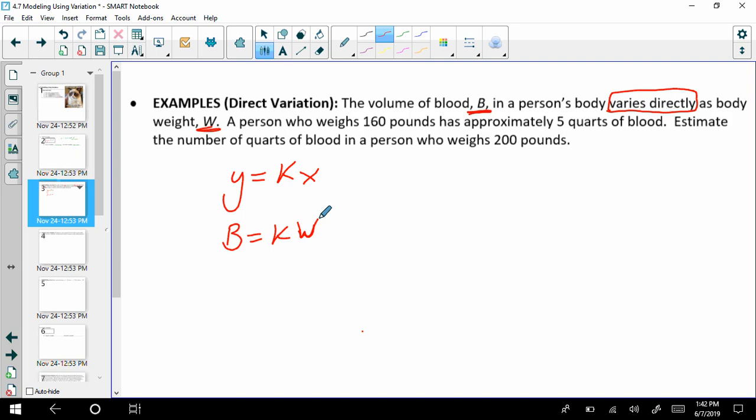So now it says a person who weighs 160 pounds has approximately 5 quarts of blood. The next step is we're going to use those values to figure out k. We have to figure out how these things are actually connected. So my 160, would I put that in for b or w?